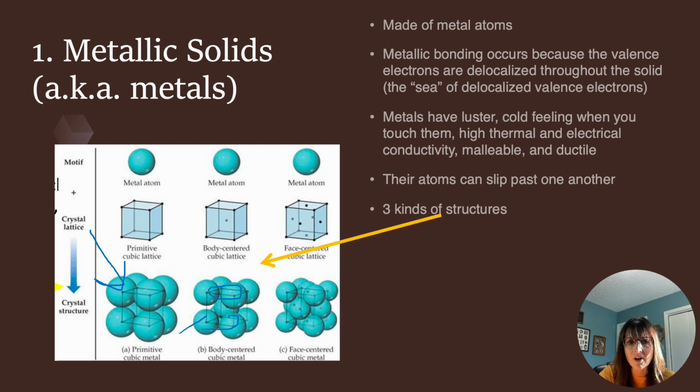I don't know if you can see it though. There's one smack dab in the middle of that square. And then with the face-centered, again, you have all of them on the corners. That would be 8. And then you have them on the face of each side, and there are 6 sides. And you're going to see what this looks like here in a moment.